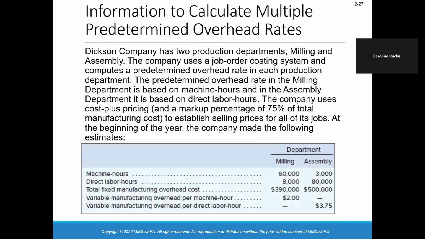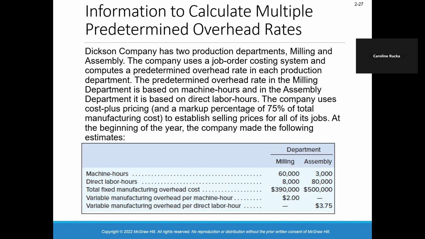So Dixon Company has two production departments. They have the milling department and the assembly department. The company uses job order costing and computes a predetermined overhead rate in each production department. So there's two predetermined overhead rates. The milling department is based on machine hours, and the assembly department is based on direct labor hours.